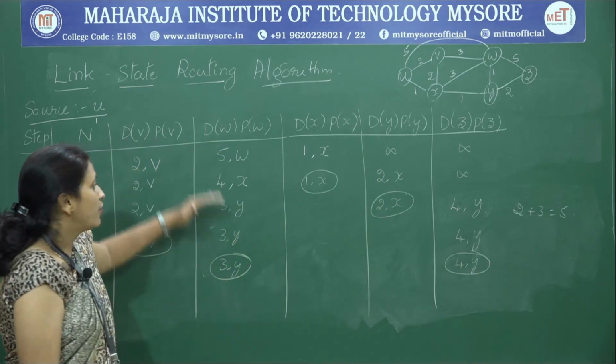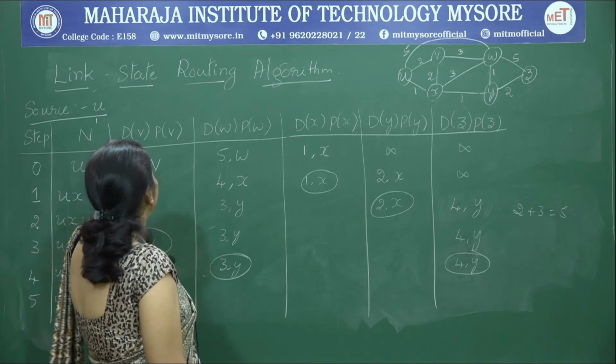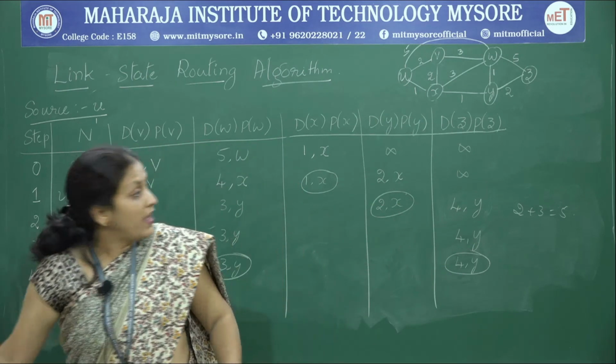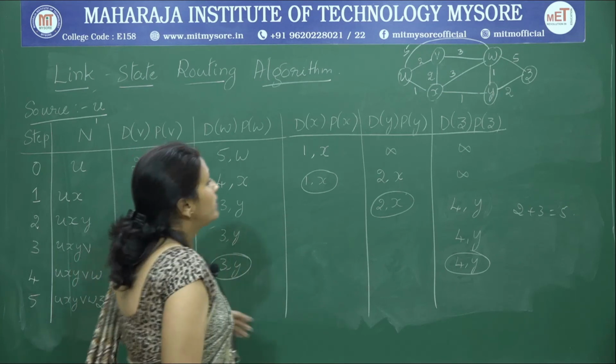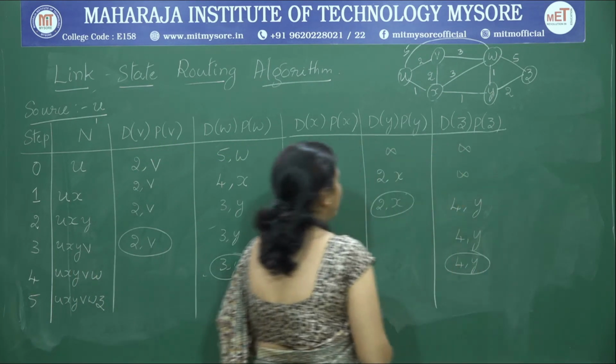This is how we are going to find the least cost from vertex U to all vertices that are there in the graph. Now, I can write the least cost path from U to all these vertices. How to do it?